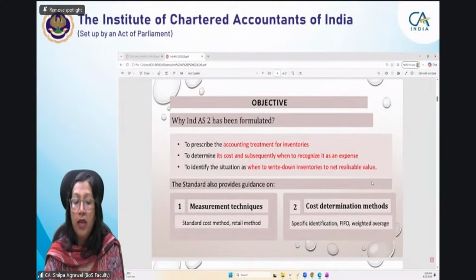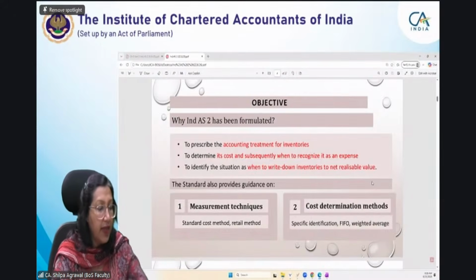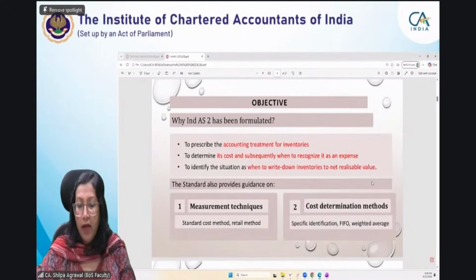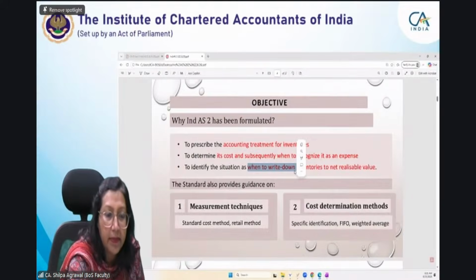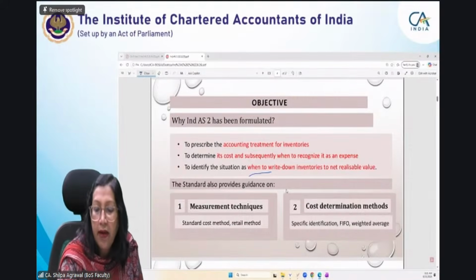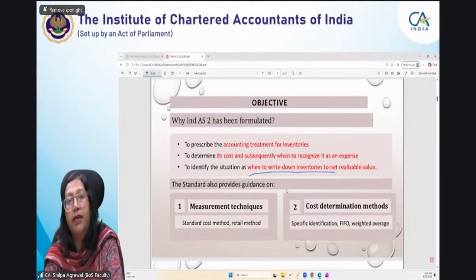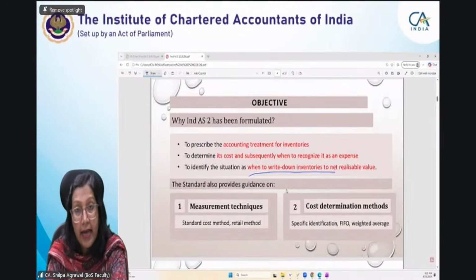Okay, so the third objective which we have is to identify the situation when to write down inventories to net realizable value. That also the standard will prescribe, the situations.